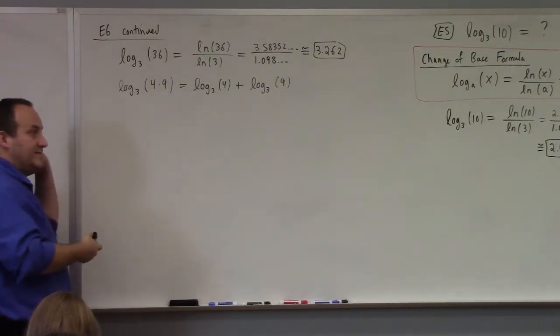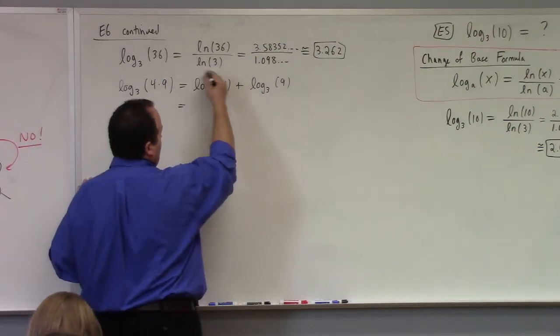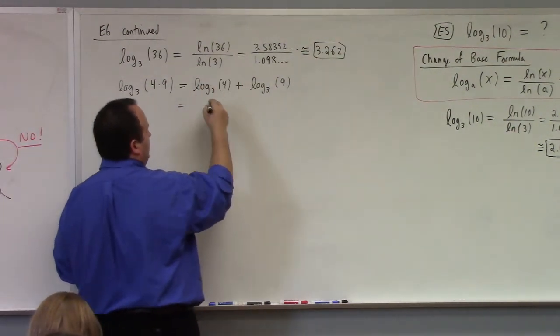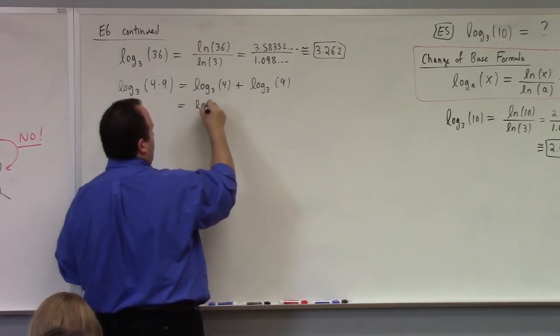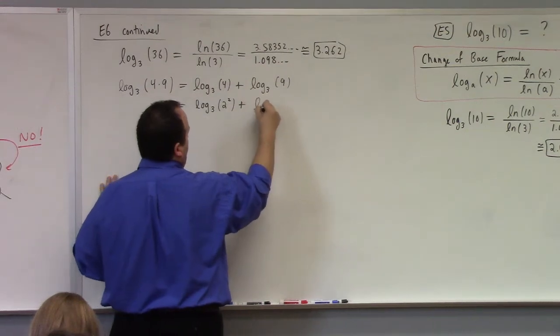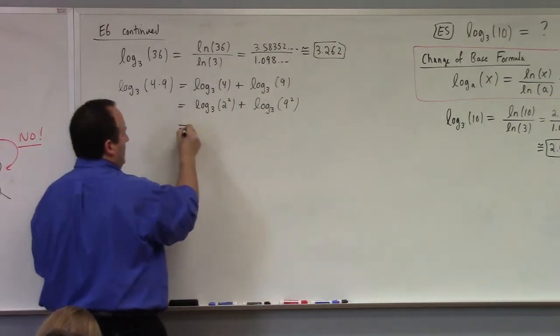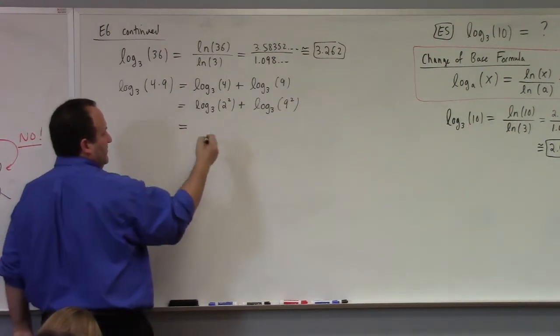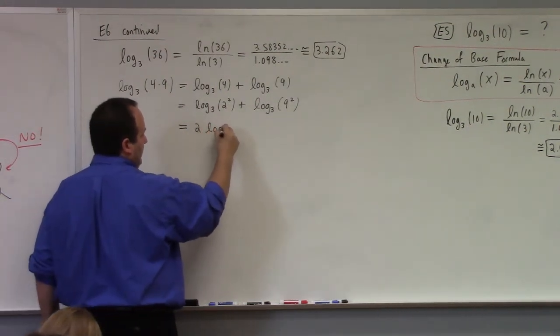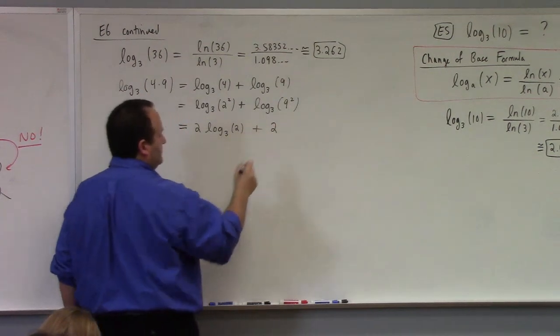Log base 3 of 9 is log base 3 of 3 squared. And log base 3 of 4, I could also write as log base 3 of 2 squared, yeah? So this we could simplify as 2 times log base 3 of 2 plus 2.